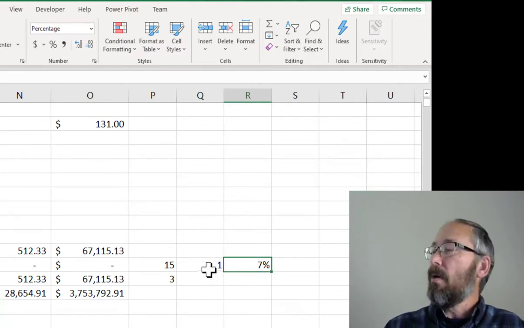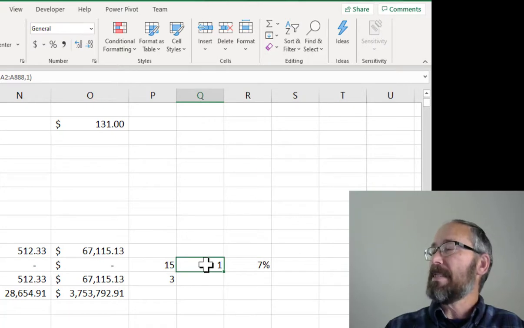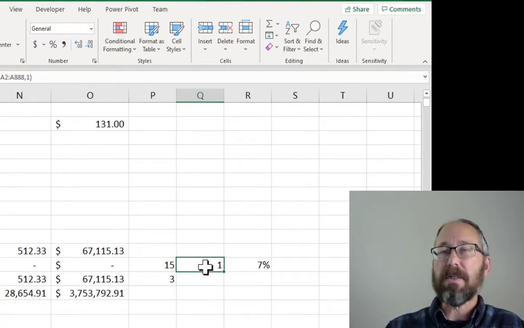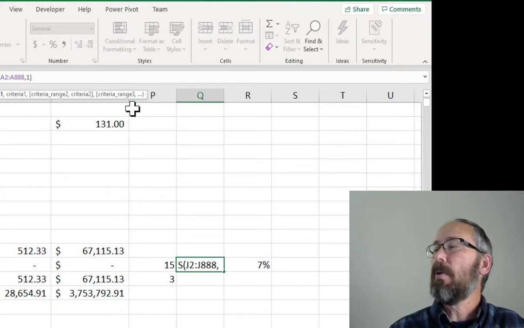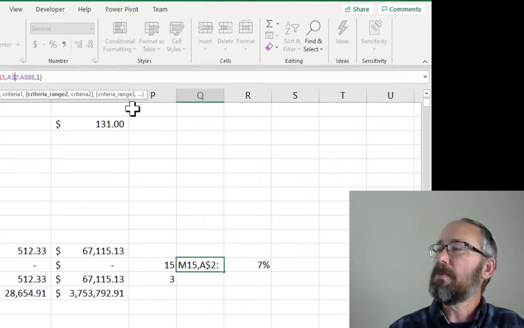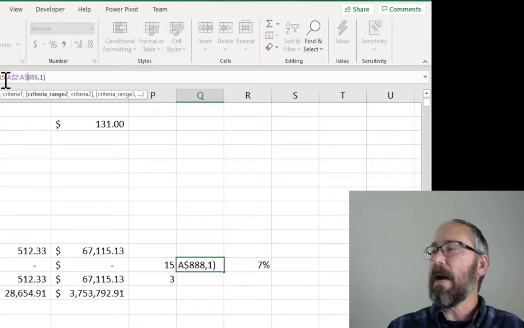Okay. Now I can copy this down, but again I have to set some things to absolute references here. It's always that criteria range that I want to set to the absolute reference, because I do want the reference to the amount, the reference to M15, to go down to M16.